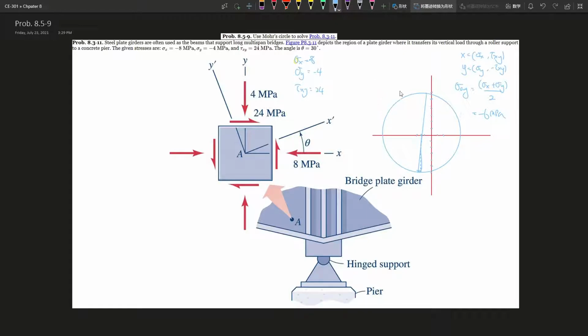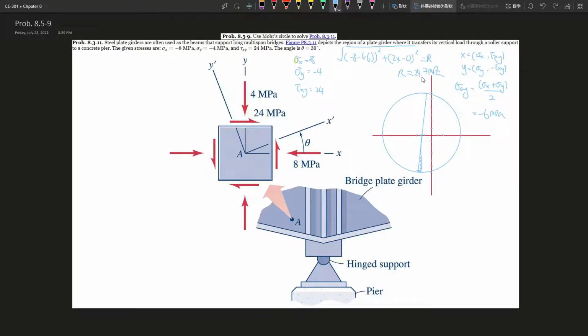The base is basically the x direction, which is -8 minus -6, squared, plus y, which is 24 minus 0, squared, and the square root of all of that gives you r. So r should give you about 24.7 MPa. Okay, that's what r is.